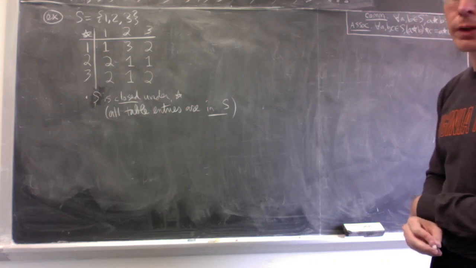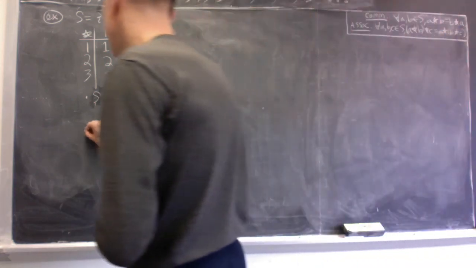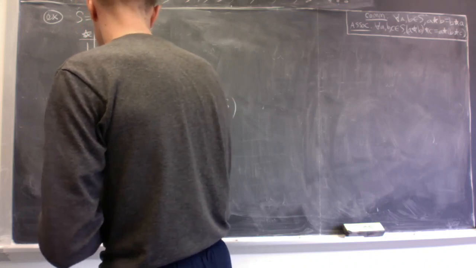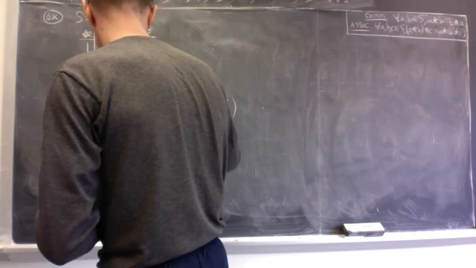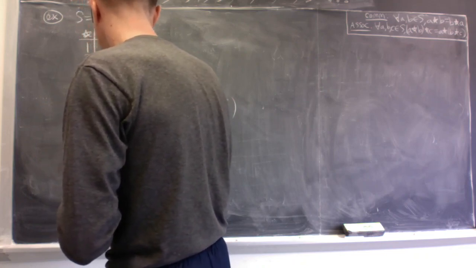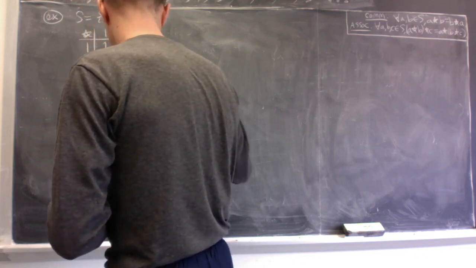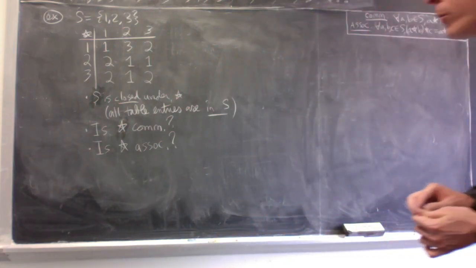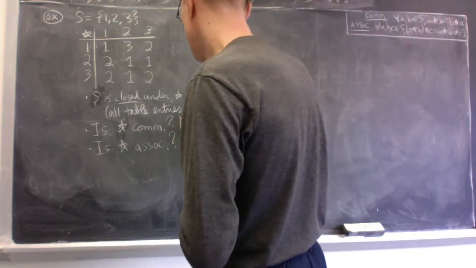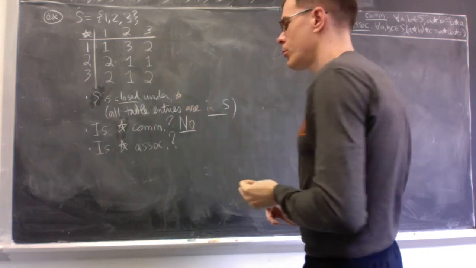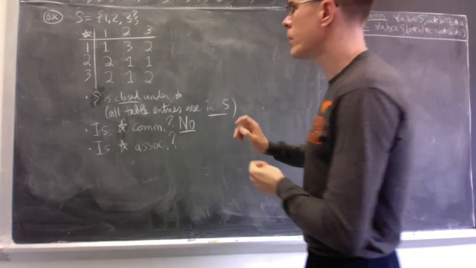Is this commutative? I ask you. And is it associative? Sorry, is star commutative on this set? And as far as commutativity goes, the answer is no. And what do you look for in the table when you're checking commutativity?